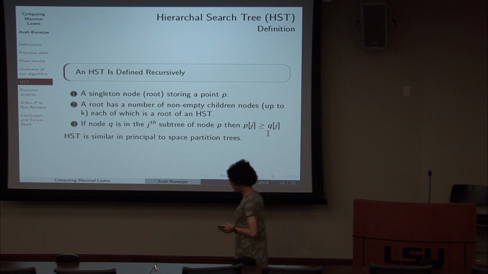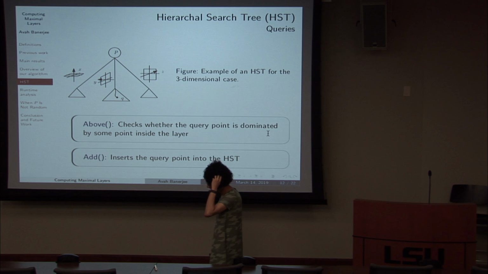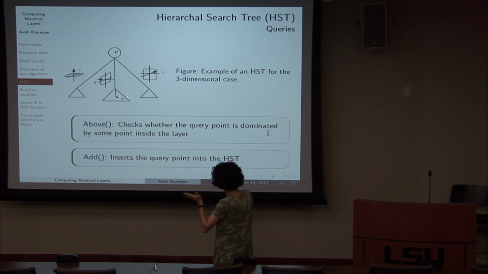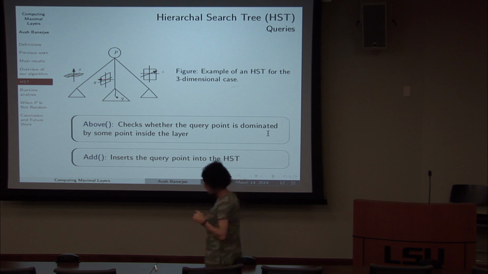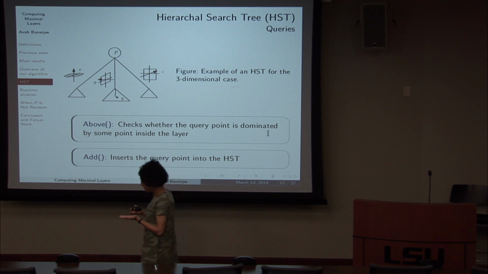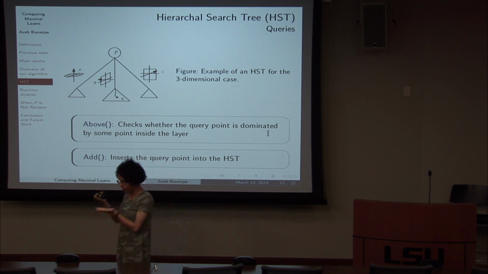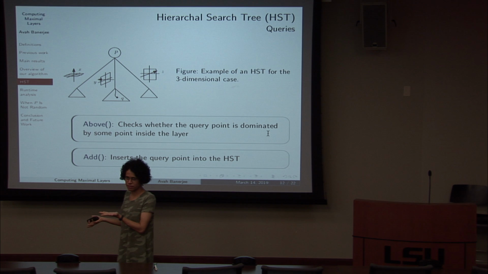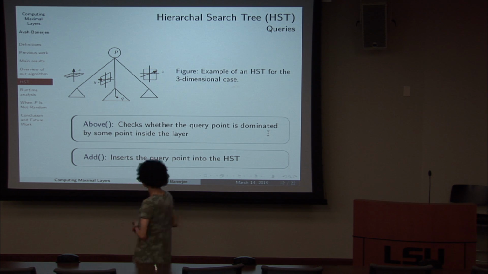So think of it this way. Let's look at an example. This is a three-dimensional case. Suppose this is the root, or any node, and each of these children is created based on these half spaces. Half spaces are basically: you have an entire space, you create a hyperplane, and one side of it is a half space.